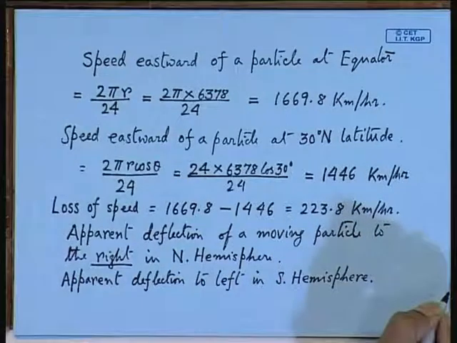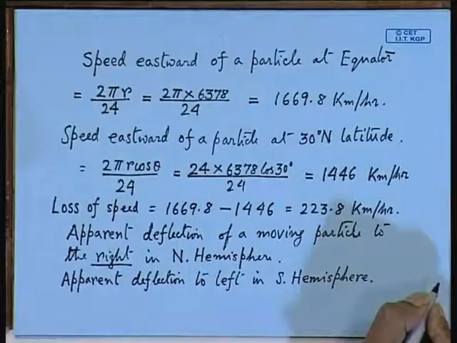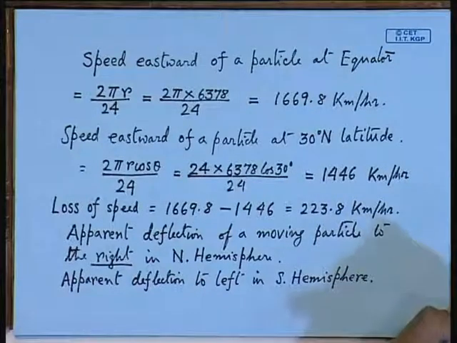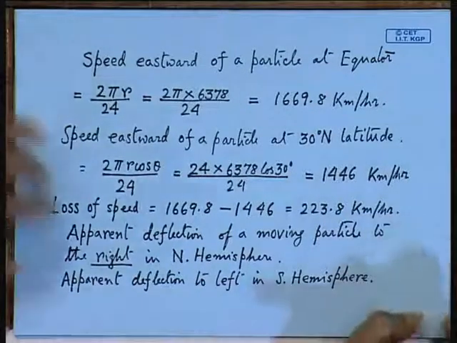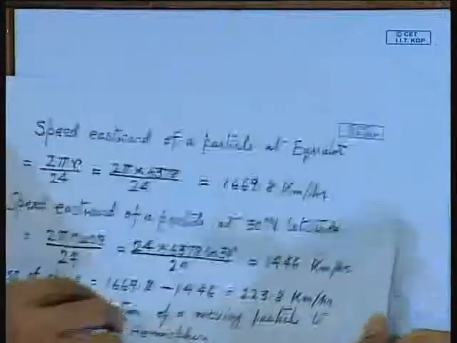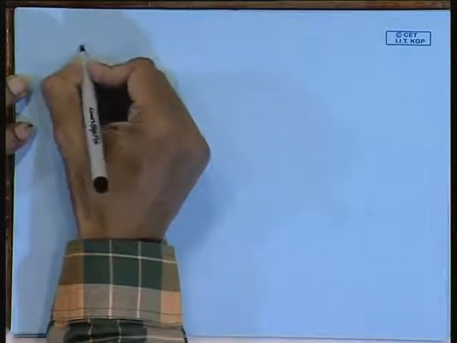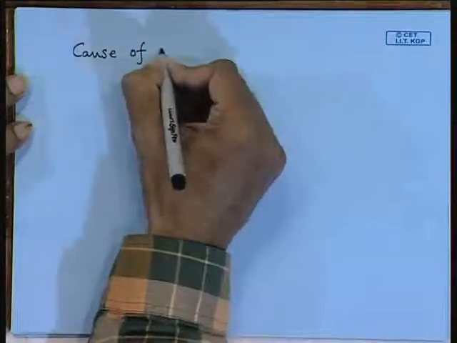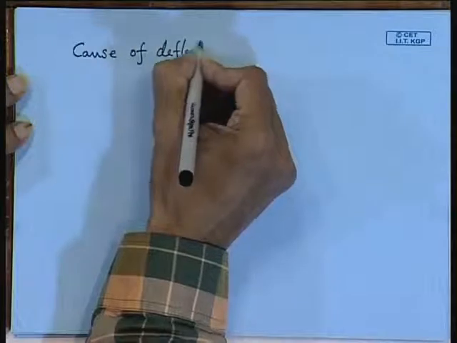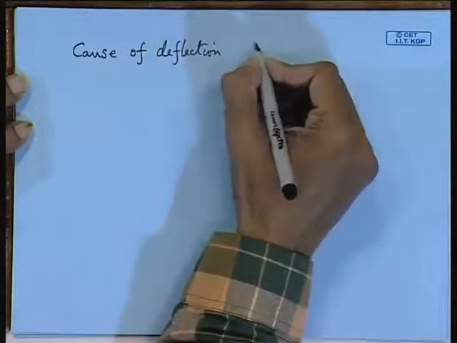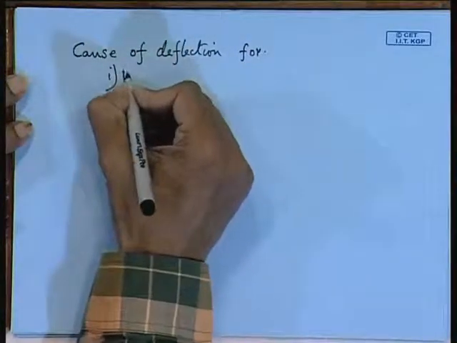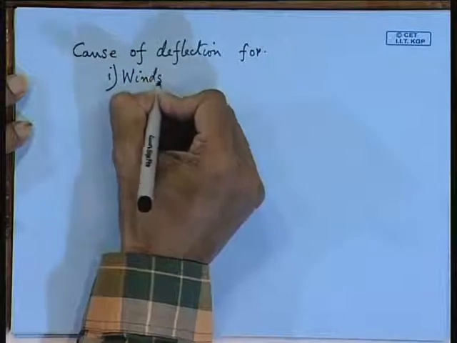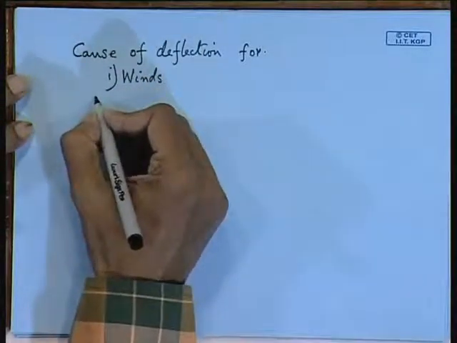So this is your Coriolis effect. Now if you want to study this in detail, this is a cause of deflection for both. Cause of deflection for number one, you write winds, and number two, you write ocean currents.